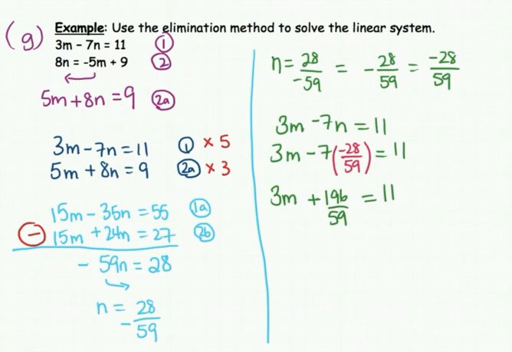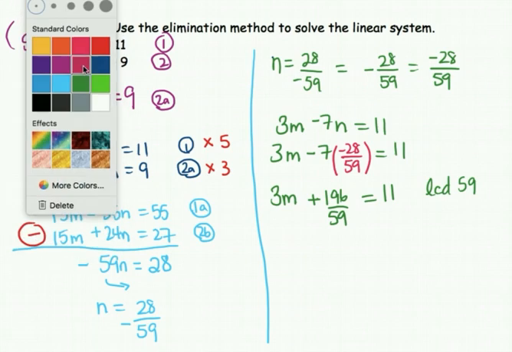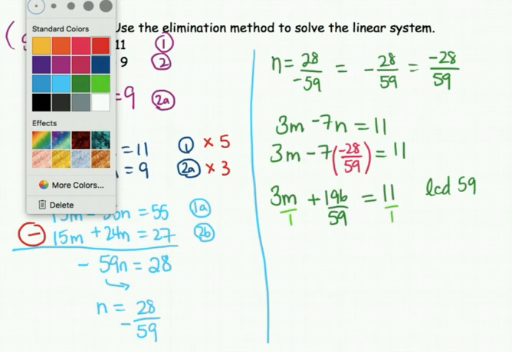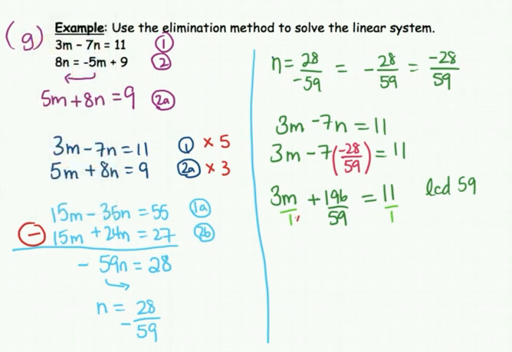So we know our lowest common denominator is 59. Let's make everybody have a common denominator of 59. I'll just write the little ones underneath. For us to get to a common denominator of 59, I need to multiply this by 59, and therefore this by 59, this by 59, and so forth.